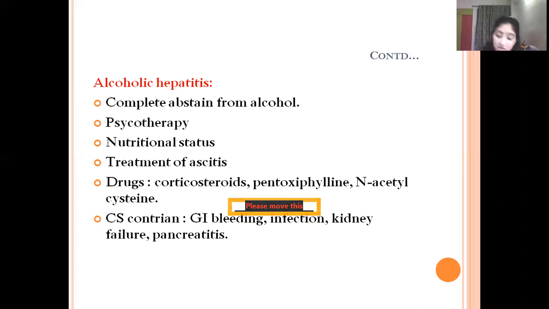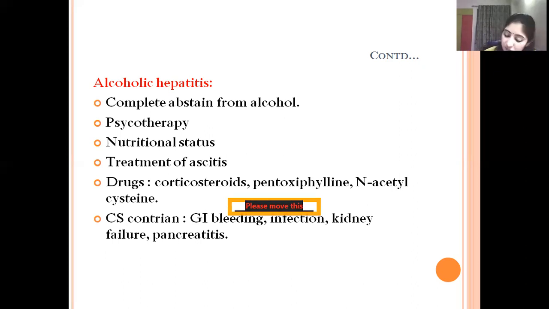Australia antigen is basically HBsAg, which is usually detected in serological tests in hepatitis B. This antigen appears usually 6 weeks after infection, and it usually disappears by 3 months. So it will always be present in acute viral hepatitis B.